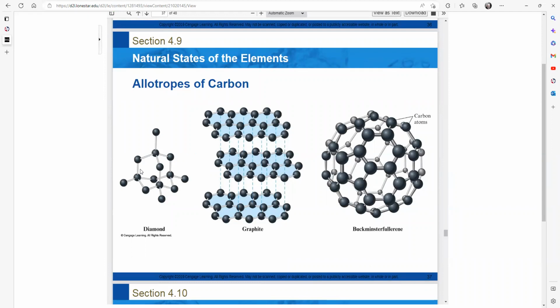Diamond is the hardest substance in the environment, while graphite is soft. It's the same atom of carbon in both cases, but the distribution in space is different, so we call them allotropes.